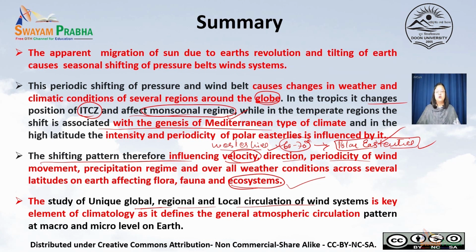So this was all about the planetary wind circulation, the movement of different types of winds in tropical, temperate, and higher latitudes of the world, and how they interact together in creating unique atmospheric and climatic systems which vary from place to place, but at the same time they exert great influence on each other also in defining the overall climatic conditions of our planet.